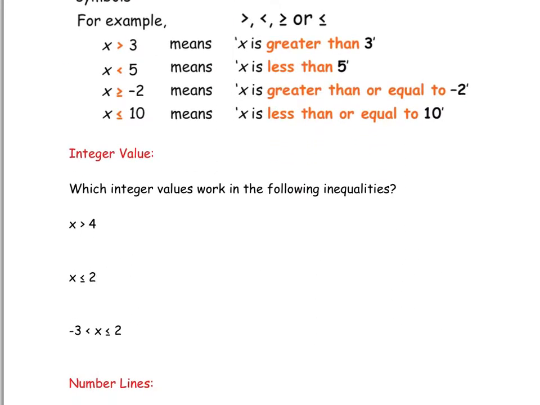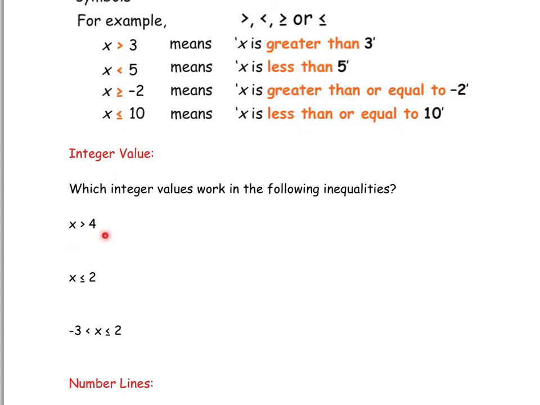So what is an integer value? Well, an integer is a whole number, so 4, 5, 6, 7. 6.5 is not an integer because it's not a whole number. It's any whole number. So here we want any number that is greater than 4. X is greater than 4.